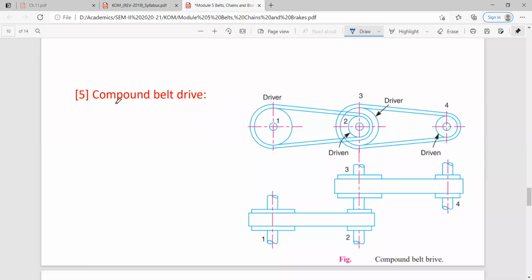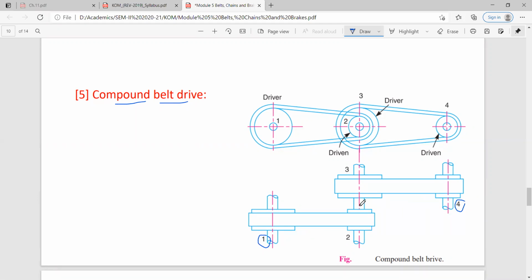Then next is compound belt drive. In the case of compound belt drive, you have to transmit the power over a longer distance. For example, from shaft 1 you have to transmit the power to shaft 2, but the distance between them is quite large.